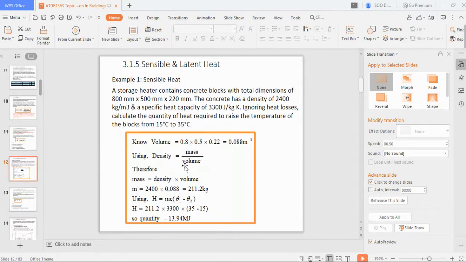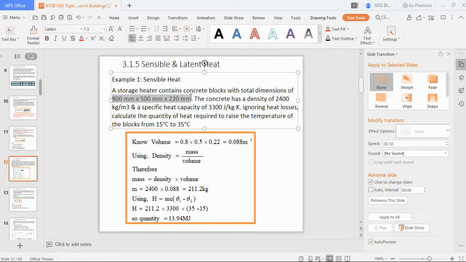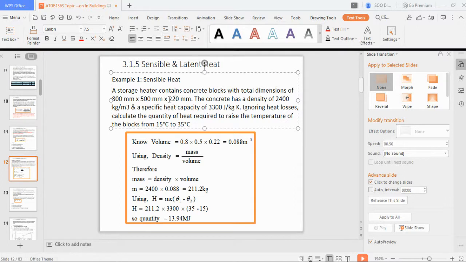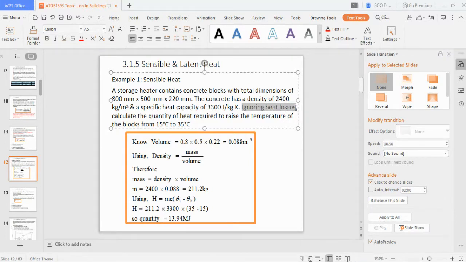So here is an example on how to utilize this formula for the sensible heat. You're given a storage heater which has a concrete block of dimension 800 mm multiplied by 500 mm and 220 mm. You are given the density of 2400 kg per meter cube and a specific heat capacity of 3300 joules per kg.